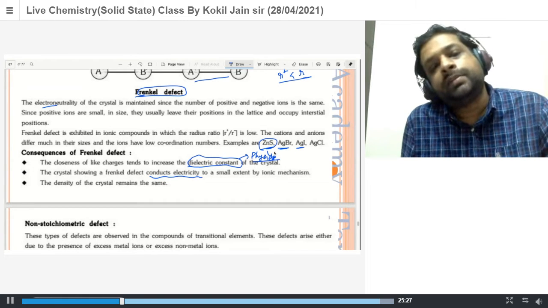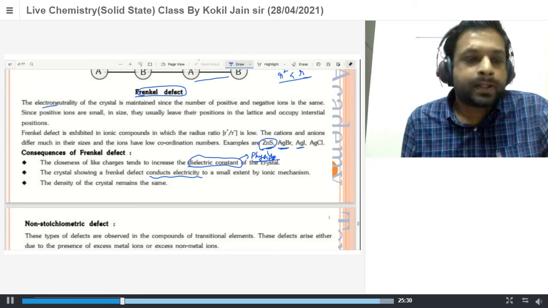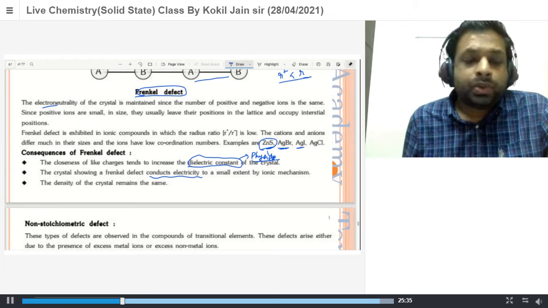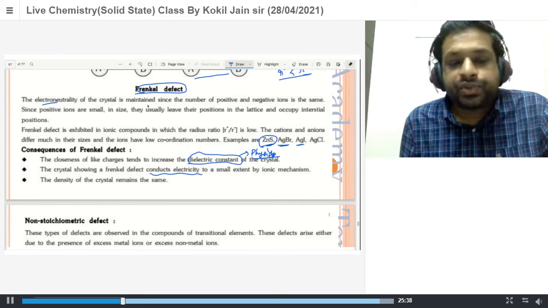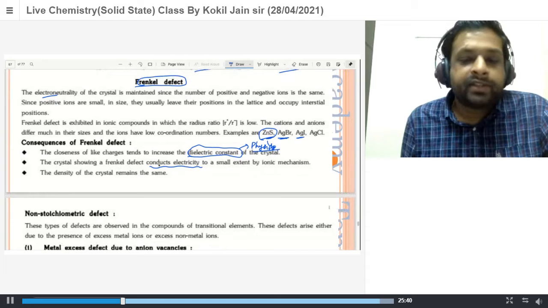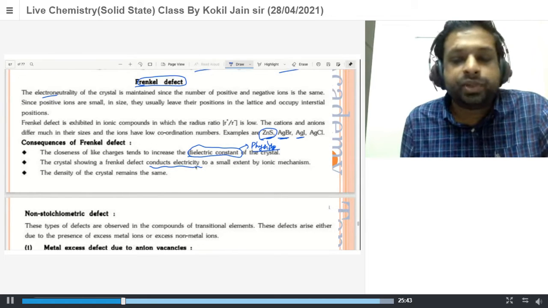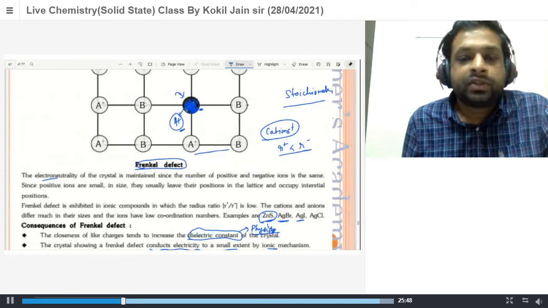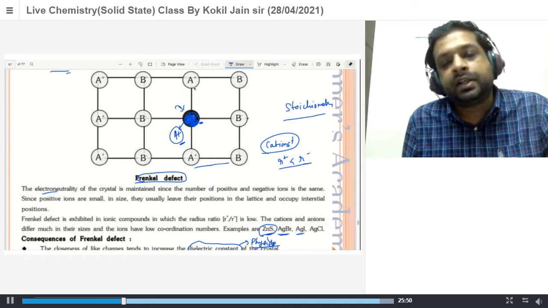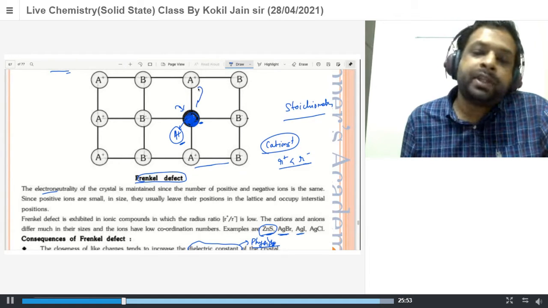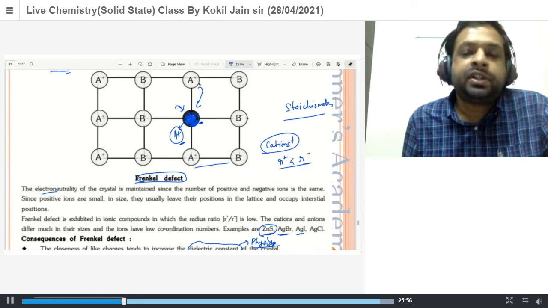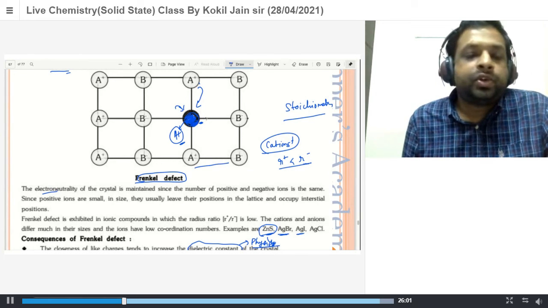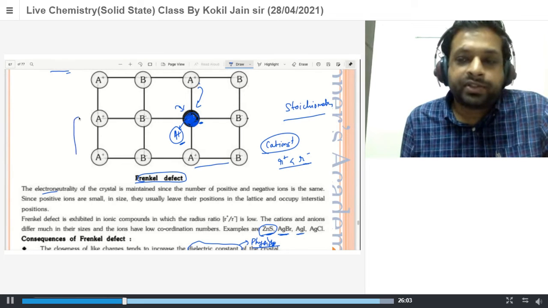So this crystal, which is showing Frenkel defect, will also conduct electricity to a small extent by an ionic mechanism because of this vacancy. One ion will come up here, and another hole will be created here. That way, a small ionic mechanism, and the overall crystal will start to conduct electricity.